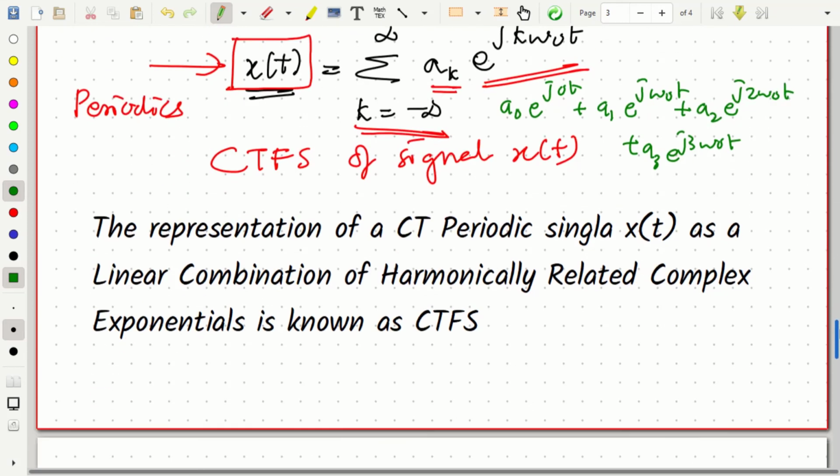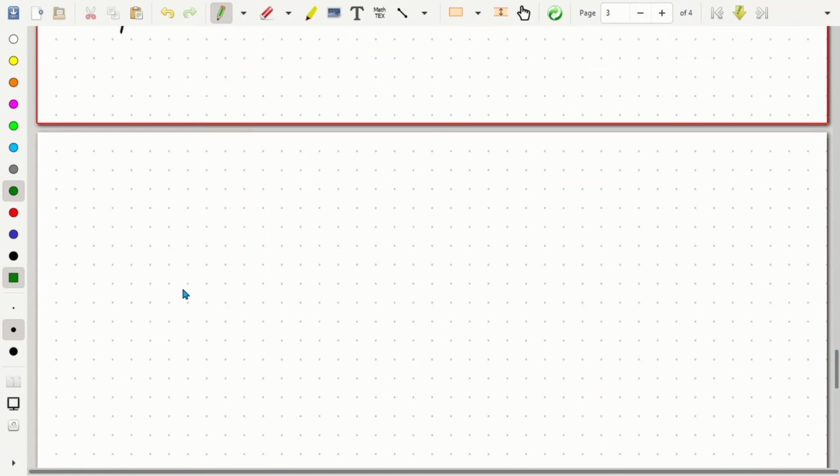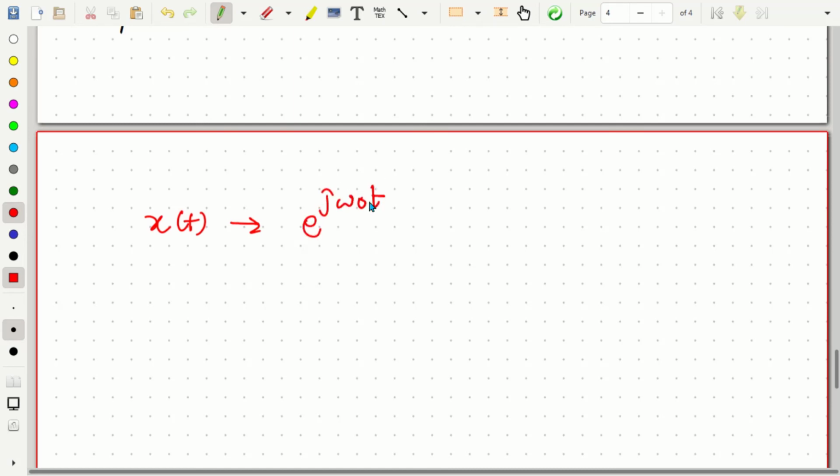So what is the definition? The definition says that any signal x of t can be expressed as a linear combination of e power j omega 0 t and its harmonics. How to express it mathematically?